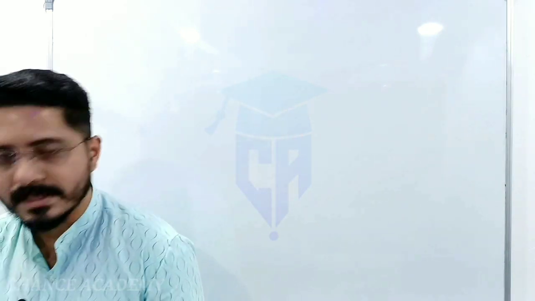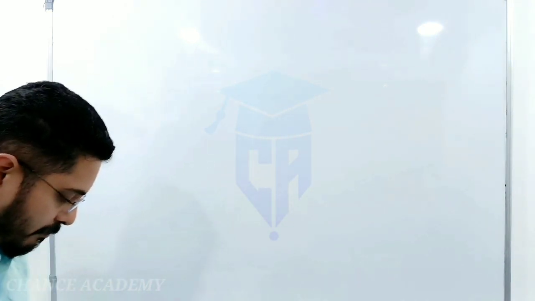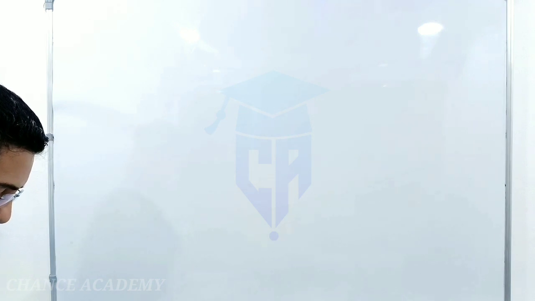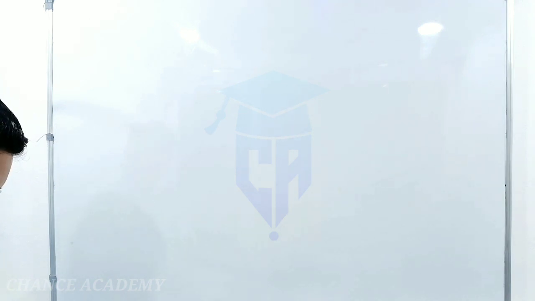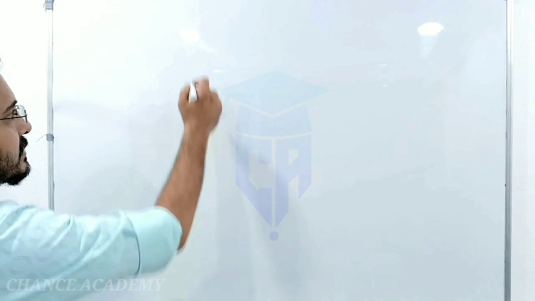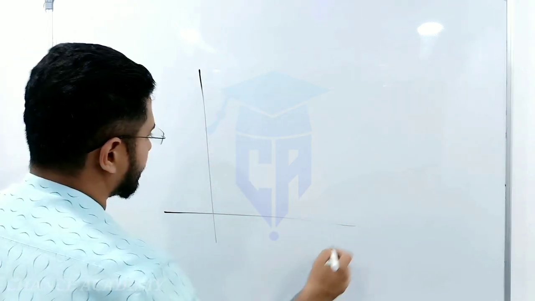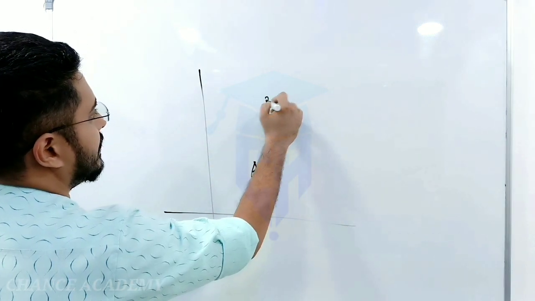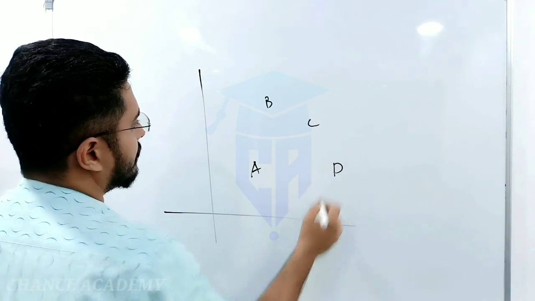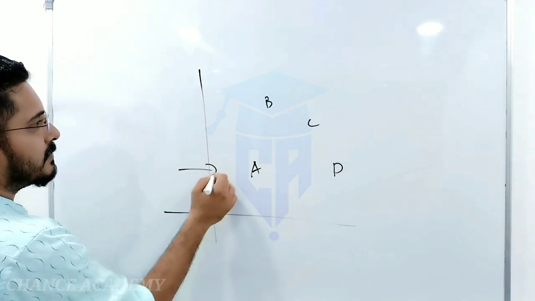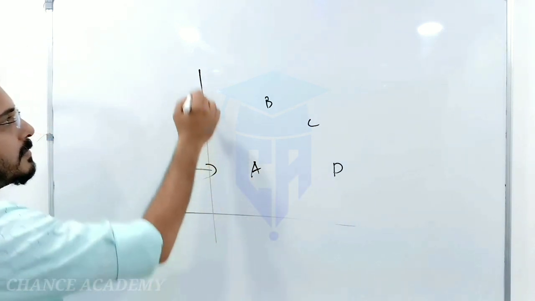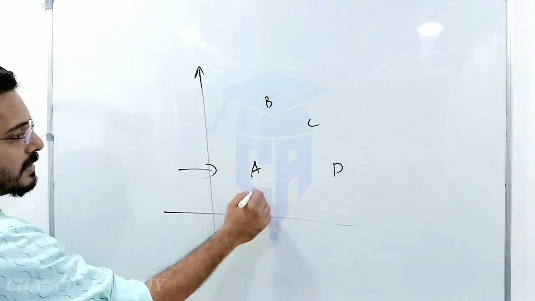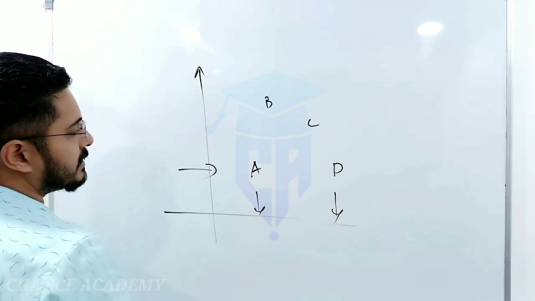For this question, they have given one graph based on the location of A, B, C, and D. Now you are familiar with these questions. A, B, C, D will be somewhere here. From this, it's clear that A and D will have the same y coordinate, but separate x coordinates.